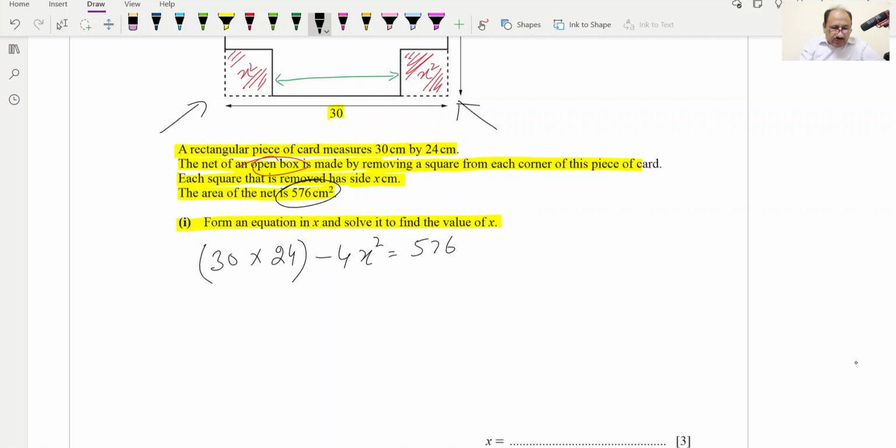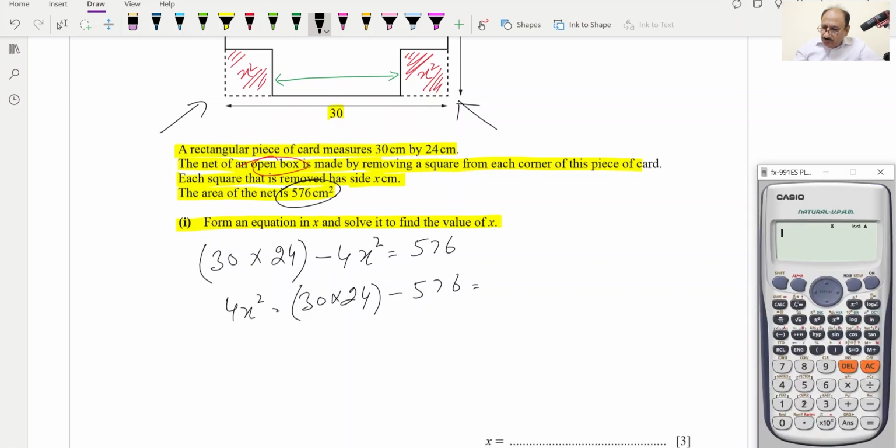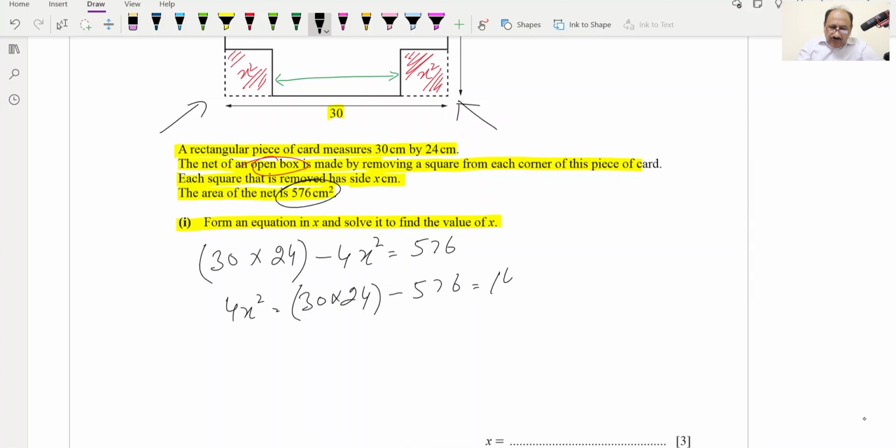So 4x squared will be equal to 30 into 24, minus 576, which is equal to 144.